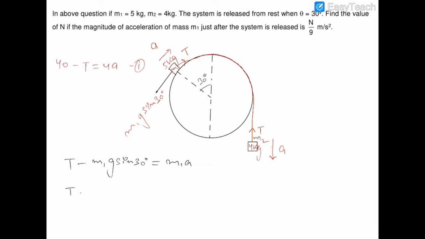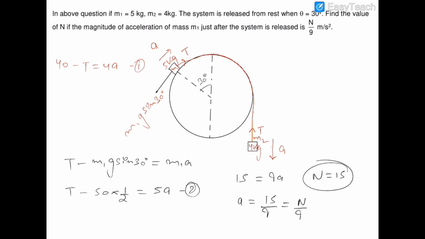Now m1g is 50, sine 30 is half, and that is equal to 5a. If we add these two equations, 40 minus 25 is 15, and that equals 9a. So a will be equal to 15 by 9. And if I compare this with n by 9, then n will be equal to 15.